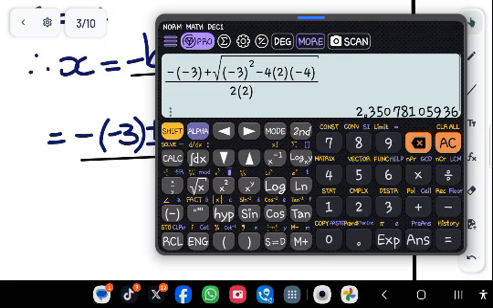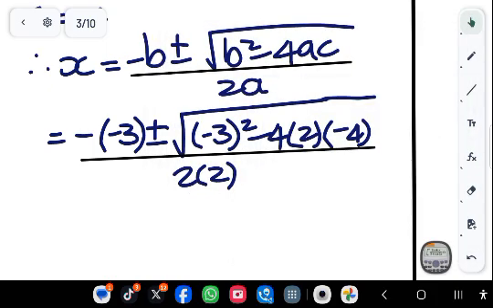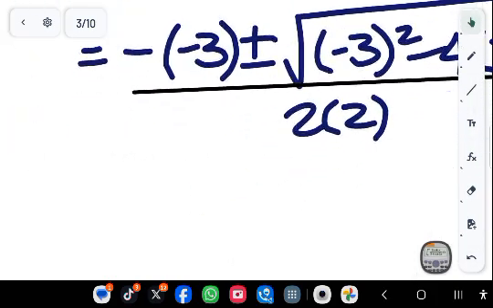All right, and the answer gives us, correct to 2 decimals, 2.35. 2.35, that's the first one.